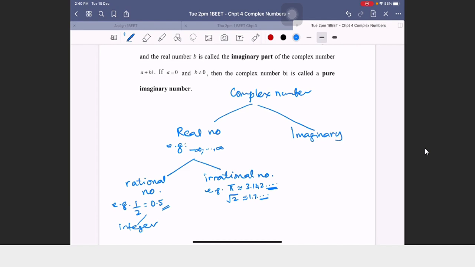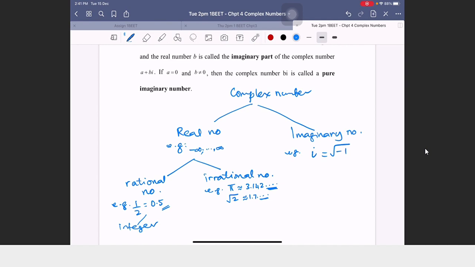Imaginary number. So basically your i, or your square root of -1, is here, under the imaginary number. Any square root of a negative number will belong under what we call the imaginary number or imaginary unit.